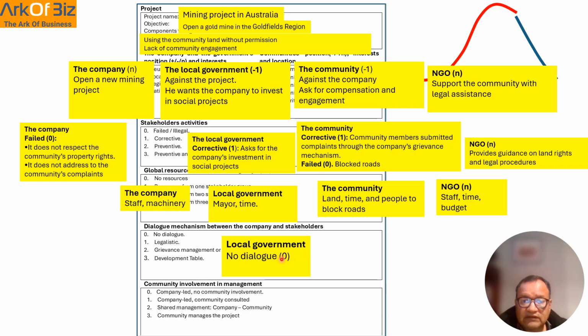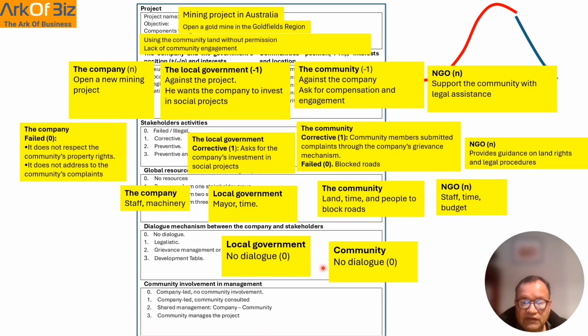In this sense, the focus is on whether the company communicates or fails to communicate with the local government and the community. So, local governments, no dialogue at all, so it has a value of 0, and the company and the community communications, no dialogue in this stage.